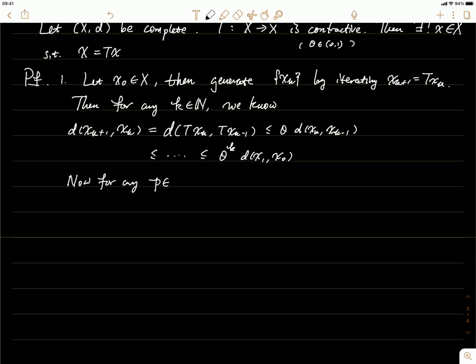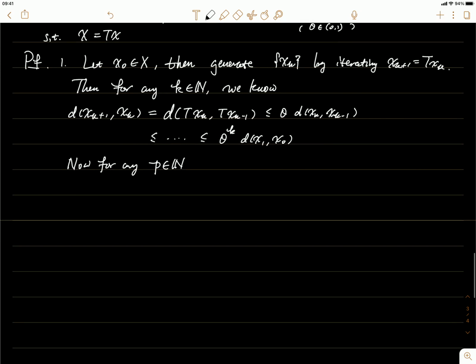Then for any integer p, I'm going to look at the distance between xk plus p and xk. So now the gap between these two is larger, arbitrarily large by this gap p. And we can use the triangle inequality to reduce this to consecutive distances. So this is less than or equal to d of xk plus p and xk plus p minus 1, and then the next, all the way to d of xk plus 1 and xk.